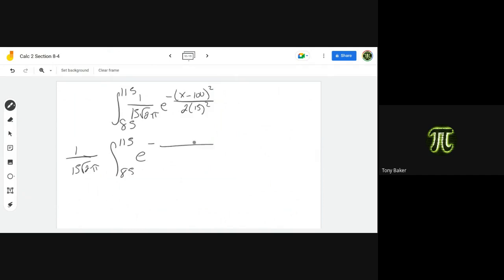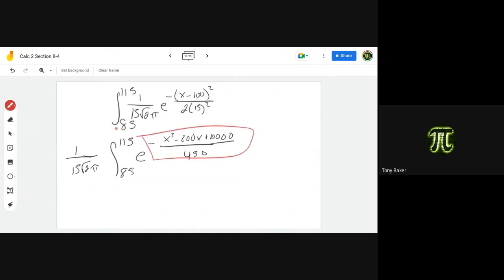Square that out, so you get x squared minus 200x plus 10,000, all over 2 times 225, which is 450. And we'll split up the fraction.